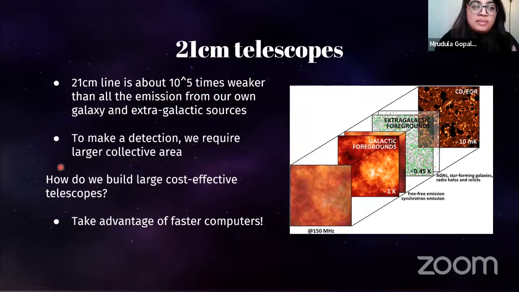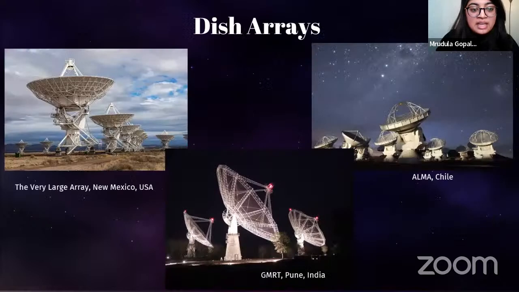In scientific terms, we call it collecting area. You basically need to increase your collecting area, which just means increasing the diameter of the telescope. But I told you that we can't build single dish telescopes that big. And I also told you that building these arrays is cool too, but right now they are not enough.